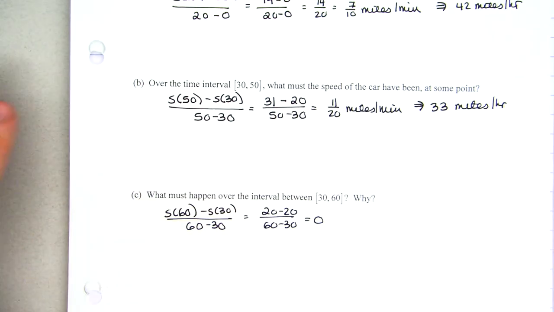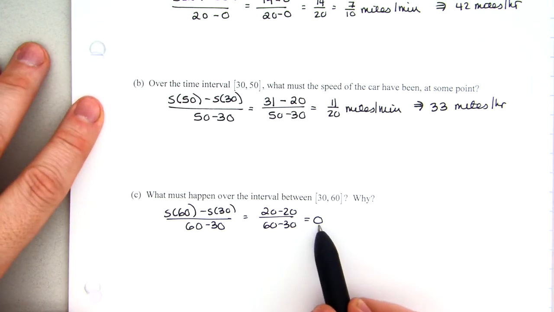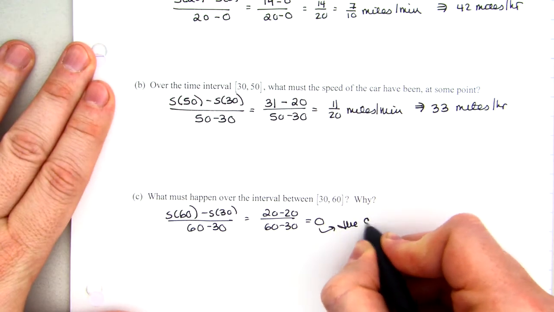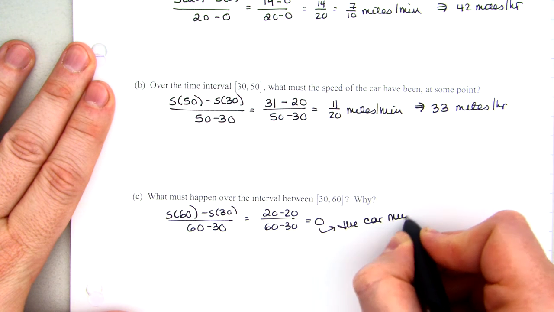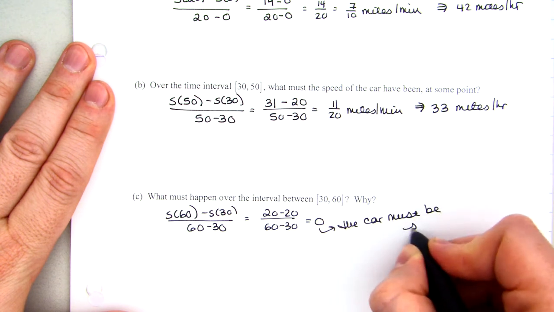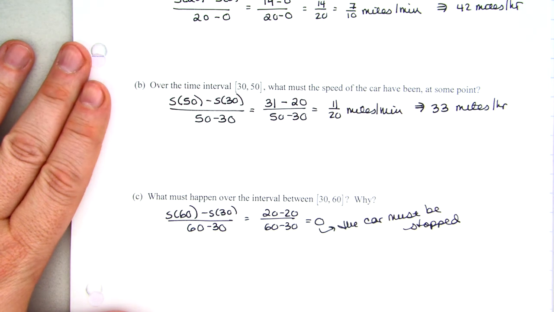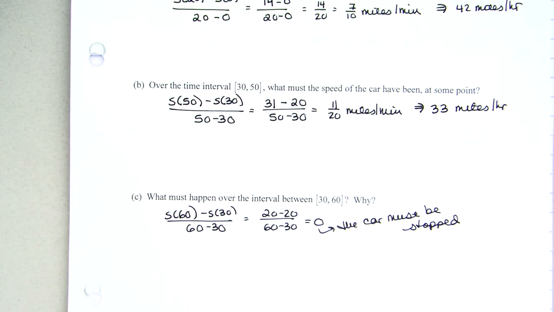Sorry, once again, you still can't see that. Looks like my derivative is guaranteed to be 0. Well, if the speed is 0, that means the car must be stopped. I don't know when exactly, but I know that at some point between time 30 and time 60, that speed was 0, so that car was stopped.